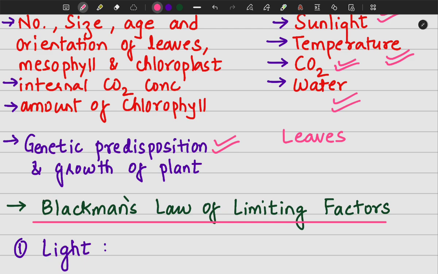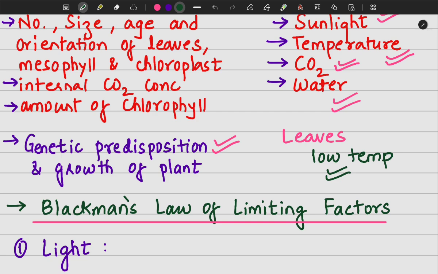But if you keep this plant in the climate of low temperature, now everything is optimum, all the other factors are favorable for the photosynthesis to occur at a higher rate, except the temperature. You have kept the plant in low temperature, which is not the optimum temperature for photosynthesis.